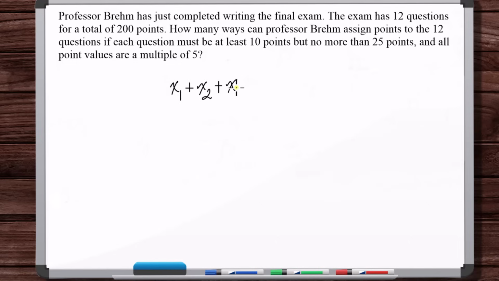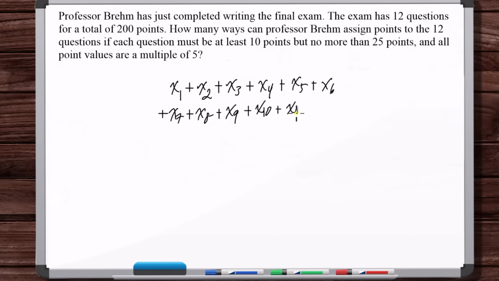So it's like you've got this x1 plus x2, and so on. Now these add to 200. The point values assigned to these 12 questions add up to 200, right?